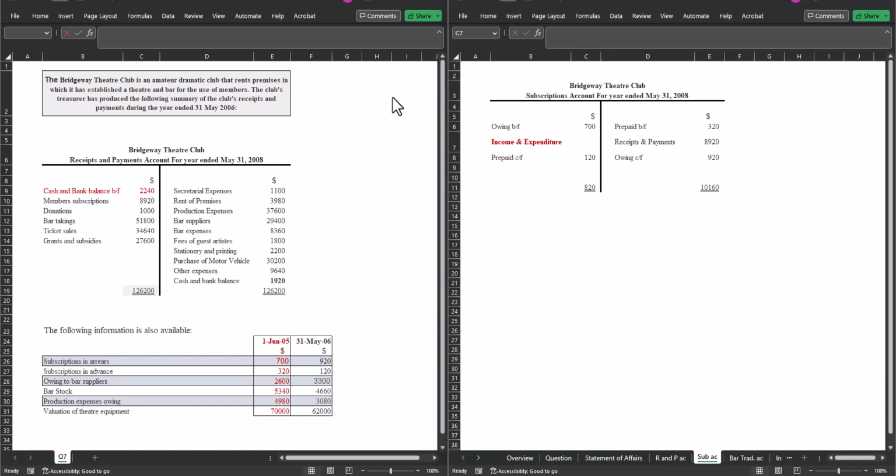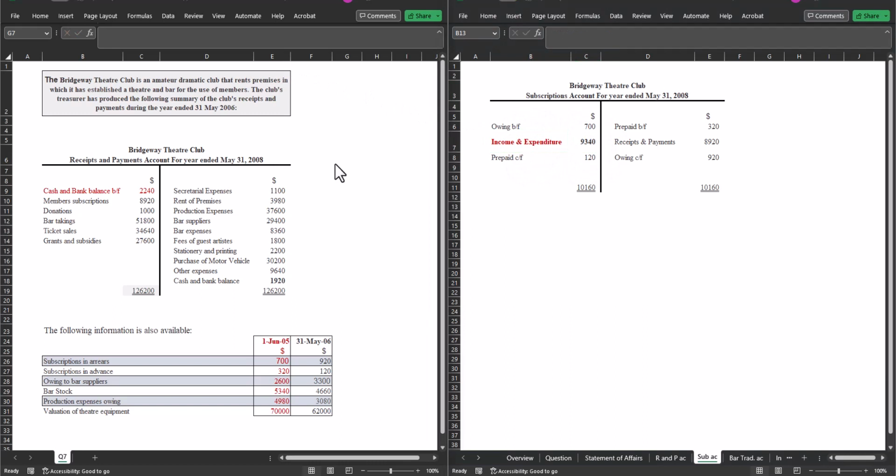Now, the total of the subscription in respect of the current year can be calculated simply by deducting the total debit from the total credit, which is equal to 10,160 minus 820. That gives us $9,340 recorded as income and expenditure, meaning this figure will be transferred to the income and expenditure account.